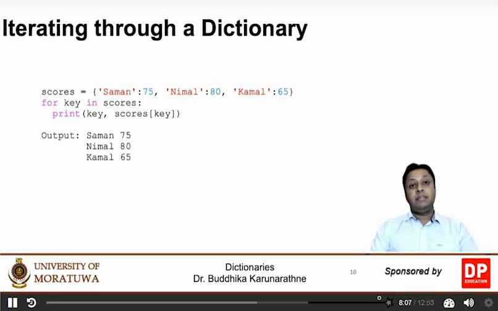Now, this is another important thing. We can iterate through all the elements in a dictionary using a for loop. Notice how this for loop gets all the keys in the dictionary and iterates through the dictionary to print the key alongside the corresponding value. This is actually quite a useful operation when we use dictionaries in Python programming.